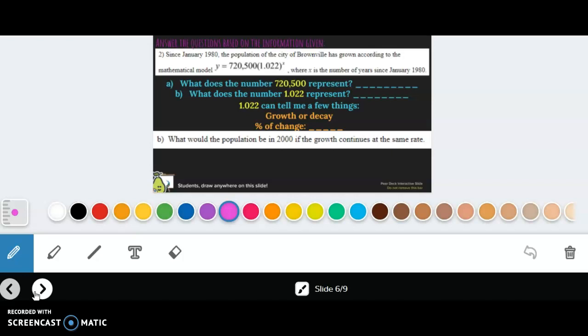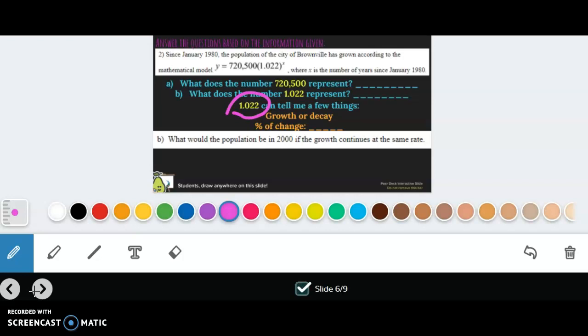That B number tells us whether it's a growth or decay, and then we should be able to determine the percent of change. I know it's a growth problem, so let's try to work this number out right here to figure out the percentage of how it changed.